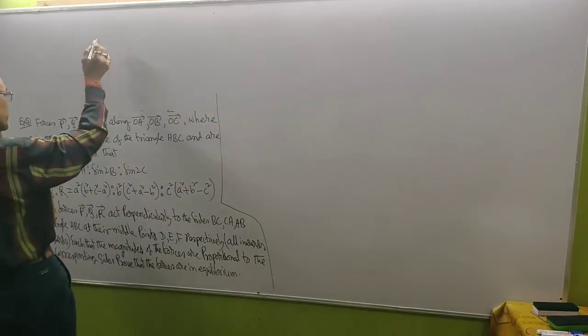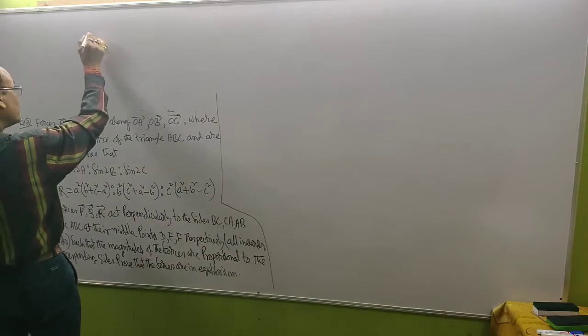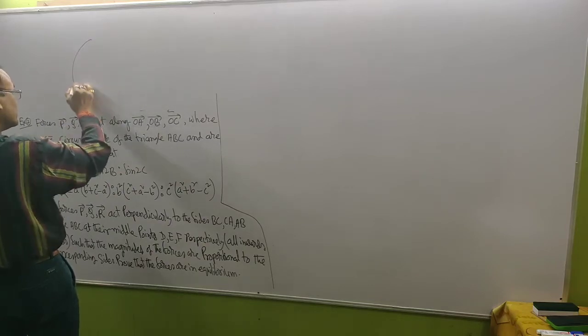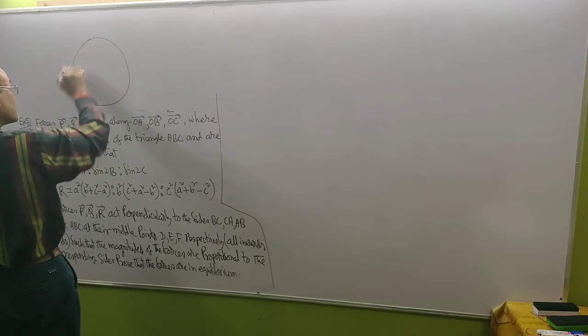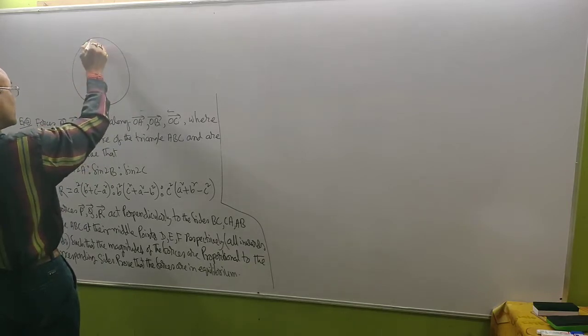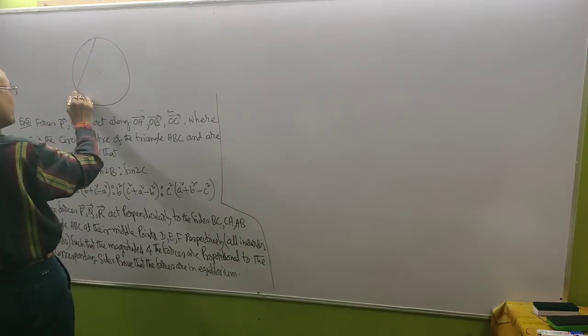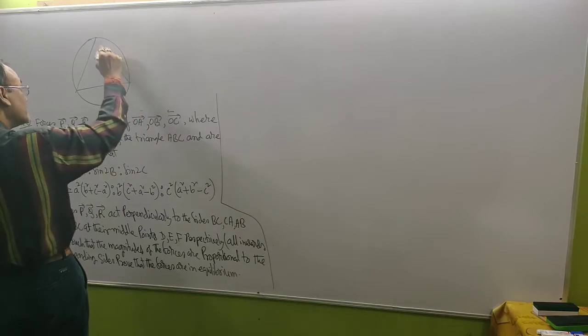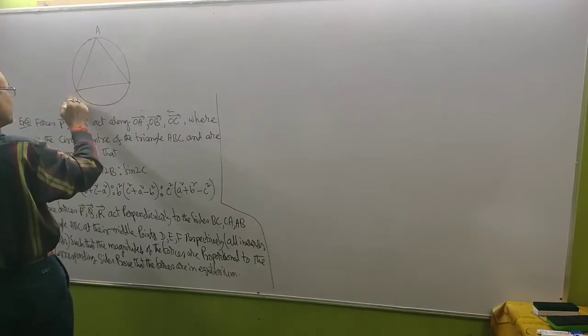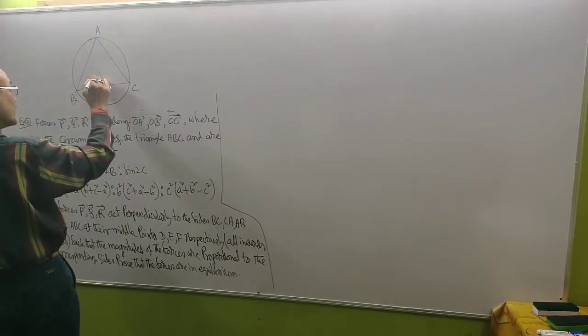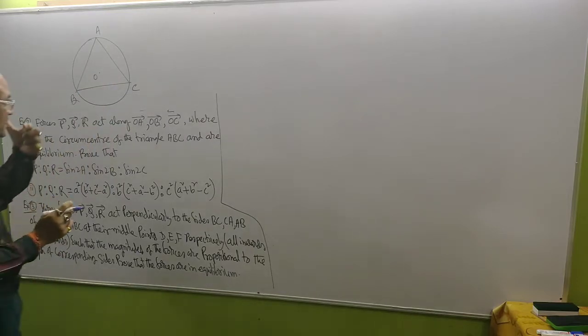I may write the diagram here also. Suppose this is the triangle and this is the circle ABC. O is the circumcenter of the triangle.